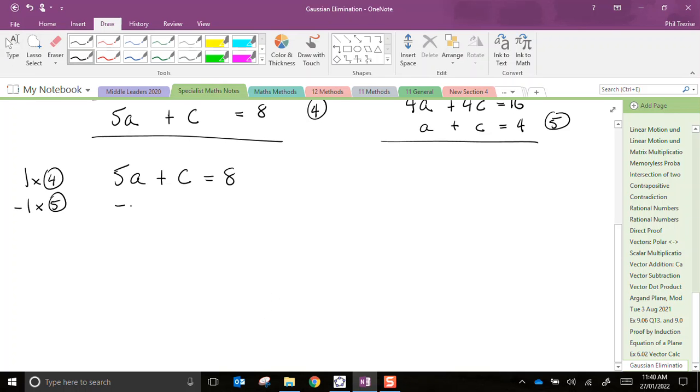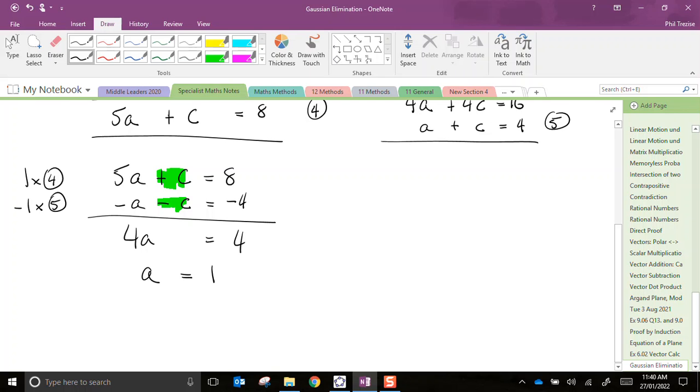So that's negative a minus c equals negative 4. Sometimes multiplying by negative 1 is a handy trick. So we get 4a. Now, as I was trying to, I've managed to have equal and opposite amounts of pronumeral c. They eliminate, they disappear. And 8 plus negative 4 is 4. Immediately we have that a equals 1.